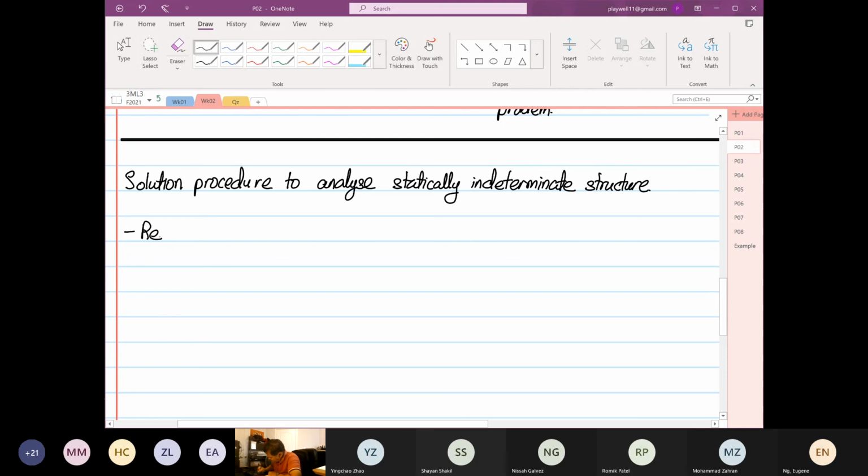Let me write this out first, okay? Then when I later mention what we mean by redundant reaction, you understand where this is going. So let me write the theory out first.